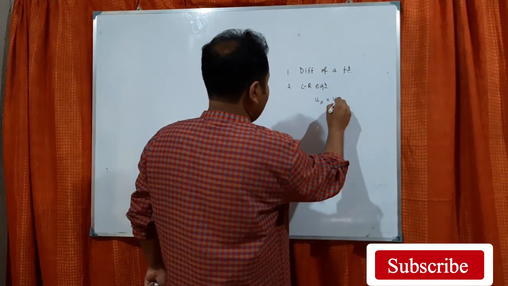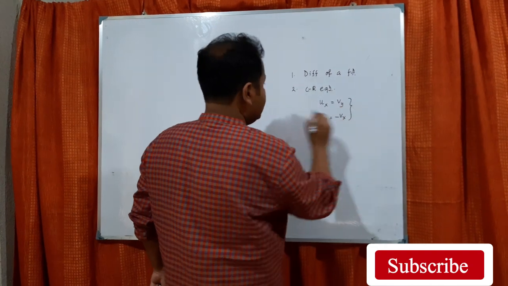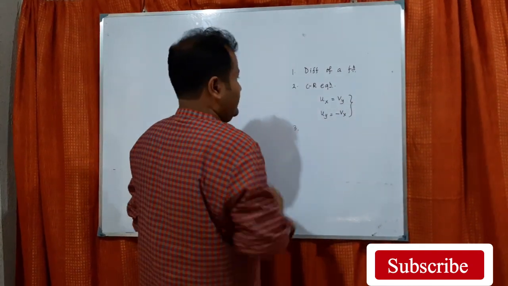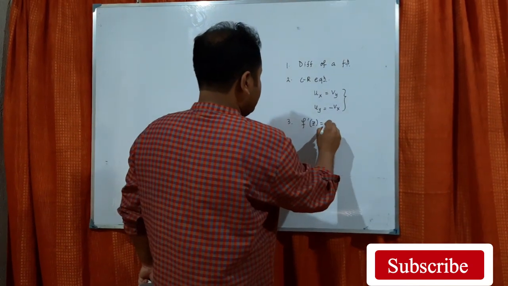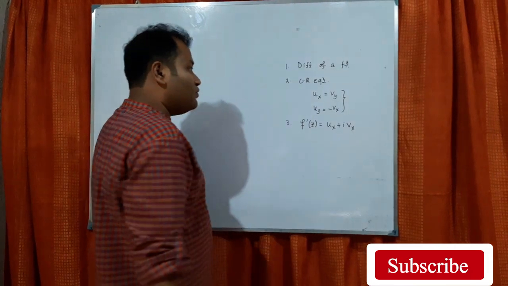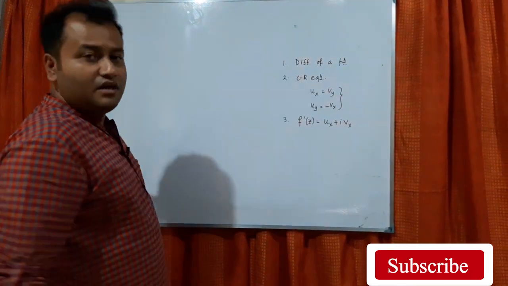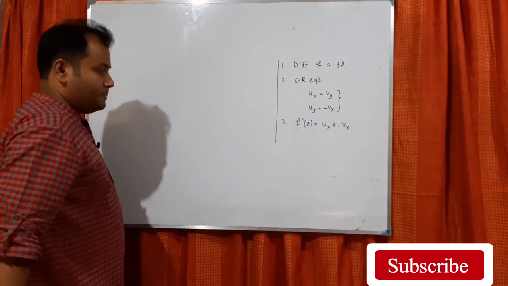Ux equals Vy and uy equals minus Vx. This is CR equation. Number 3, f dash z equals ux plus i into Vx. This formula was given in the previous presentation. So these 3 things are given to us.